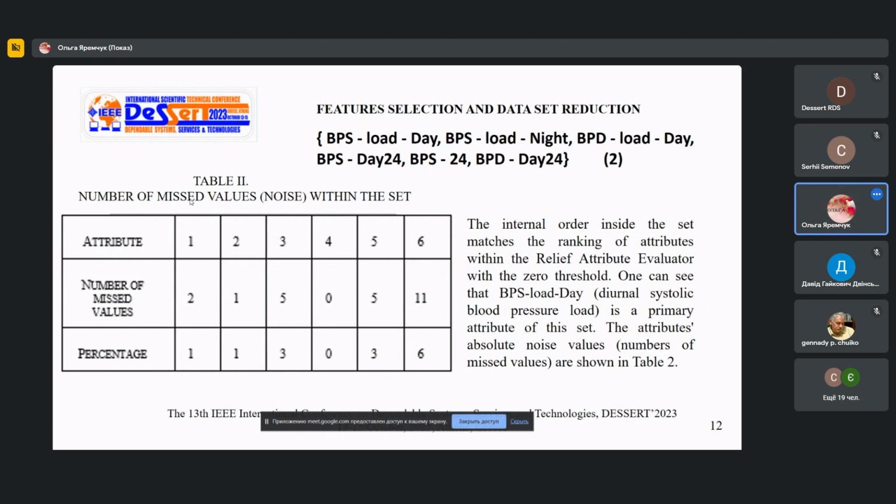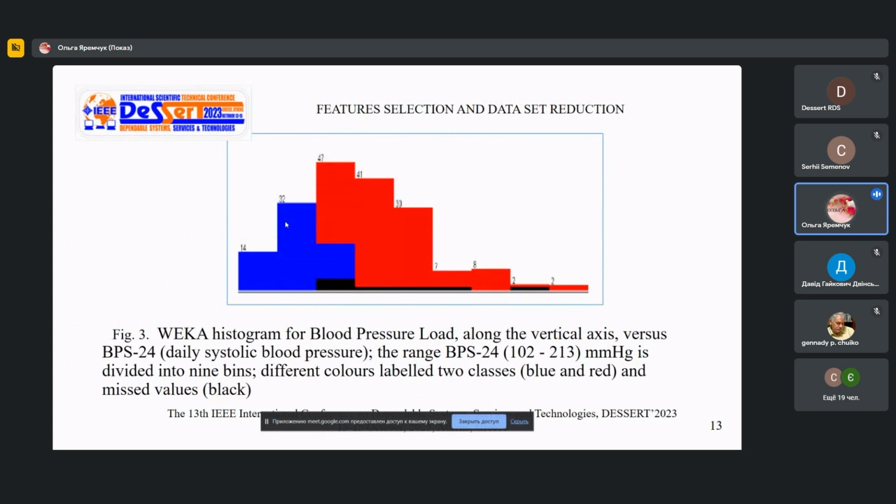One can see that BPS load day is a primary attribute of this set. The attributes' absolute noise values are shown in this table too. The next one is Figure 3.